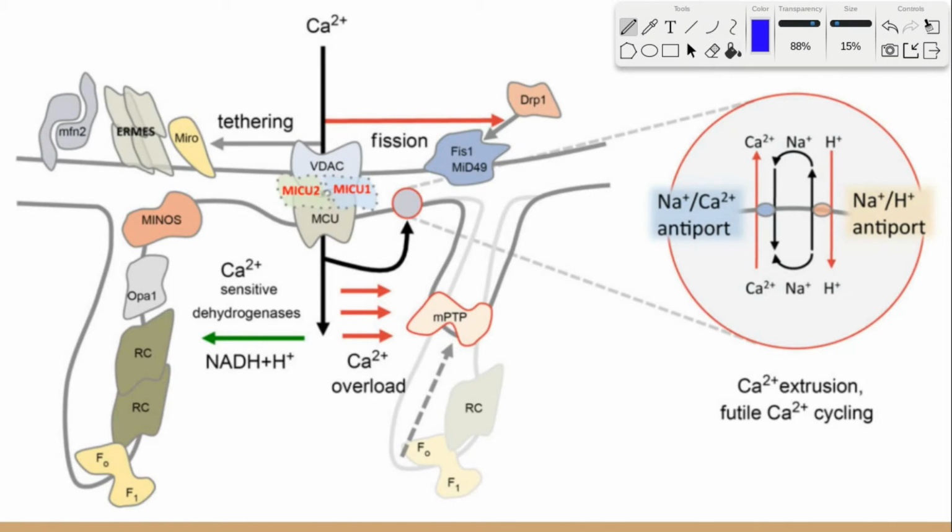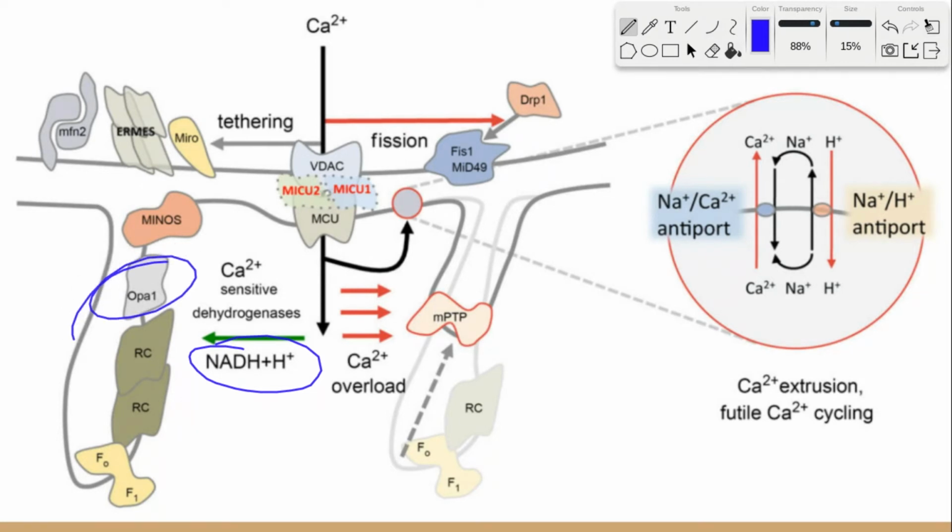See, so healthy calcium flux, right here we see a green arrow. This is indicating healthy calcium flux, and this activates various dehydrogenases to generate NADH and is good for our cell, right? We also see OPA1 right here.